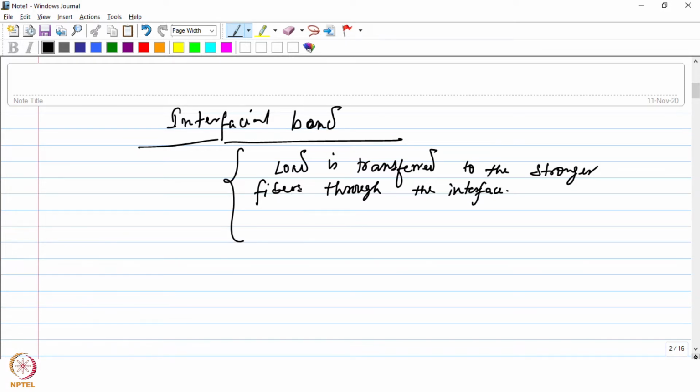Because the fibers are stronger, they will carry the load, and as a result, the strength of the material as a whole will increase. Okay, and that is why if the bonding is not good, then this load transfer will not happen effectively and you would not get the strengthening benefit, right?